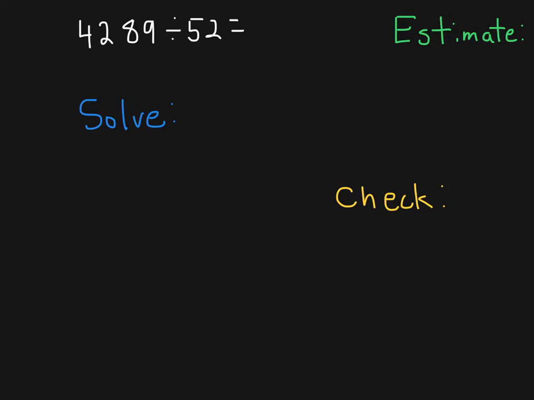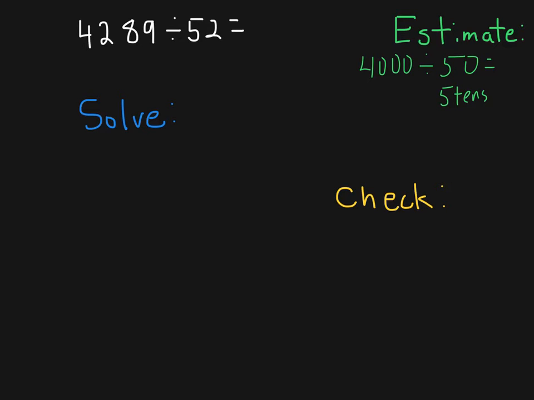All right, let's try another one. 4,289 divided by 52. So the first thing I want to do is round that 52 to 50. I am going to find a compatible number, and I think that 4,000 is easy to do in my head, and I'm going to think of this as 5 tens.